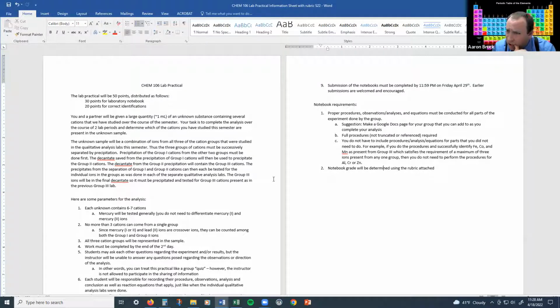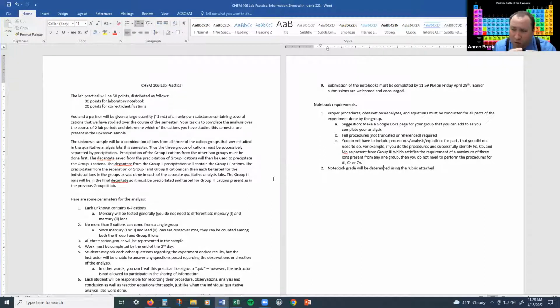So what we're going to do is we are broadly going to test for mercury. You will test for mercury 1 and mercury 2, but you'll be only asked the question, is mercury present in the sample? So you don't actually need to differentiate between the two.